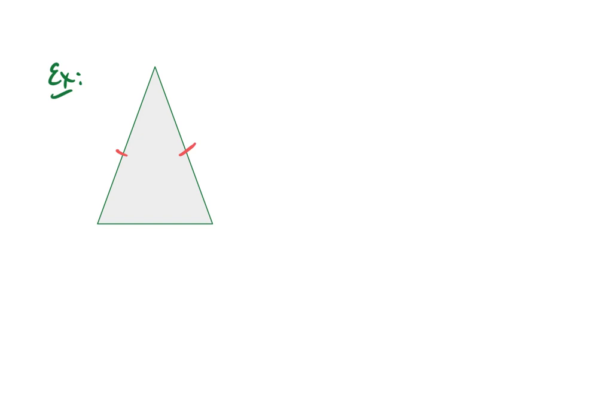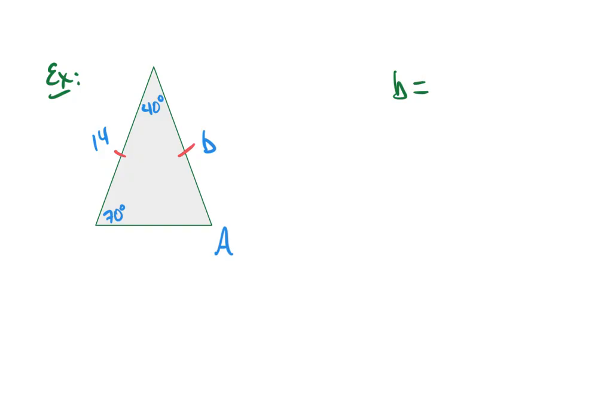And then I'm going to tell you this side is 14 long, this side is B. And then I'm going to tell you this angle is 70 degrees and this angle is 40 degrees and ask you for this angle. Okay, so hopefully it's going to be a nice easy problem. I'm going to ask you to find side B and angle A.